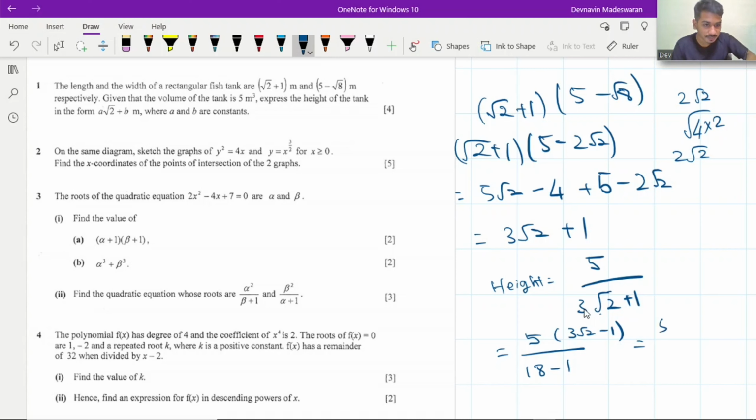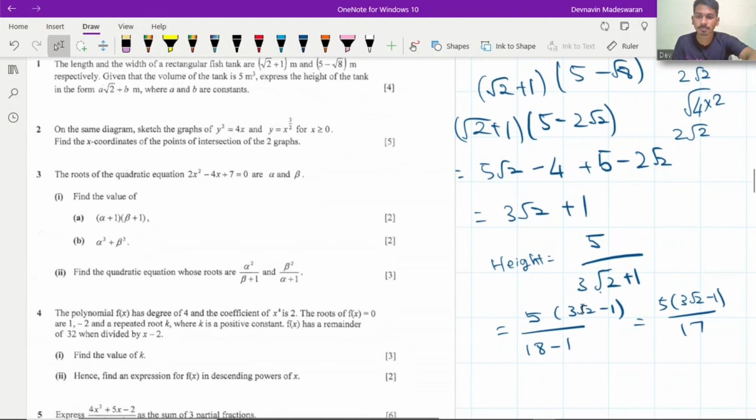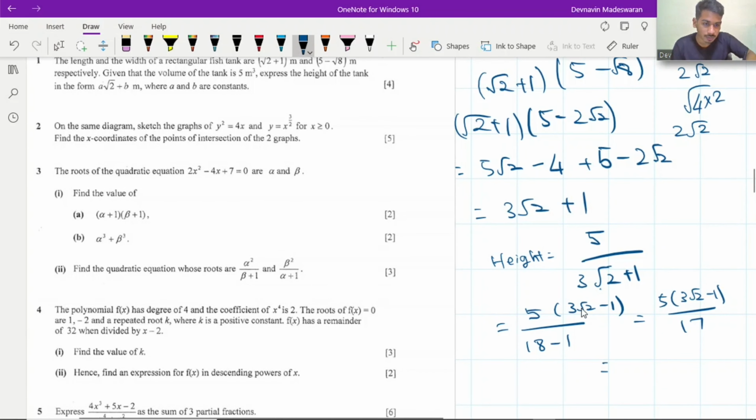It's going to be 5 times 3 square root 2 minus 1 over 17. So 5 times 3 is 15, 15 over 17 square root 2 minus 5 over 17. So this is A and that is B. Okay, good.